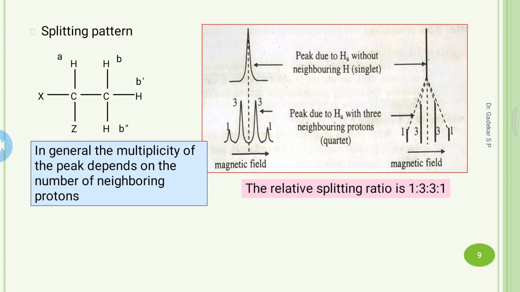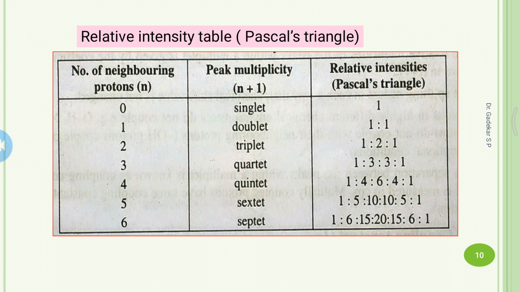The relative splitting ratio here is 1:3:3:1, and this relative splitting ratio depends on Pascal's triangle as well as the coefficients. Here is the relative intensity table, or Pascal's triangle.